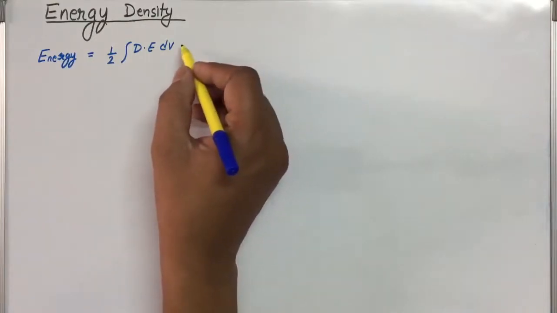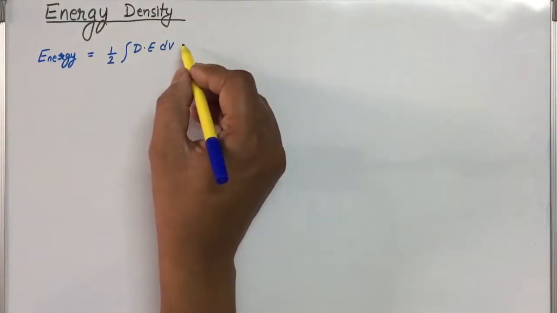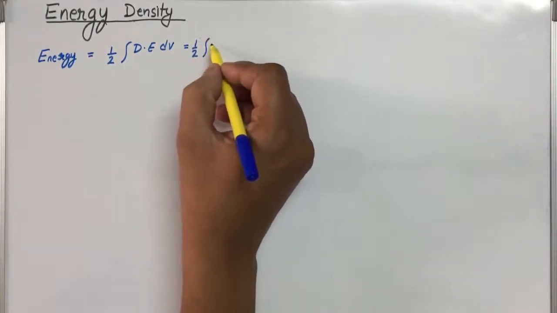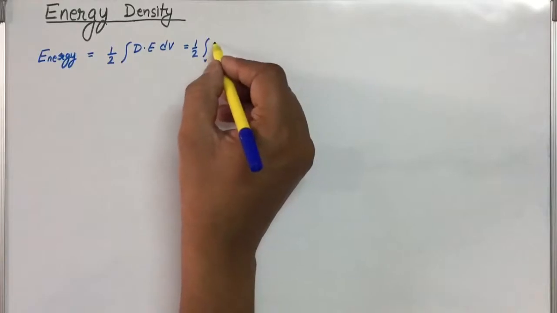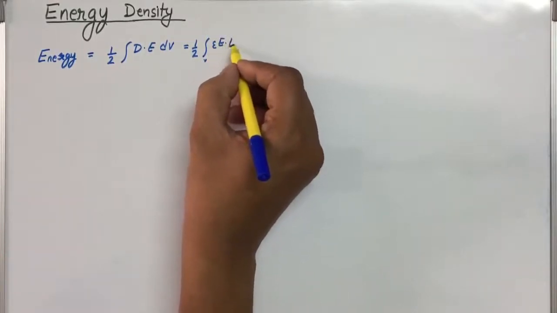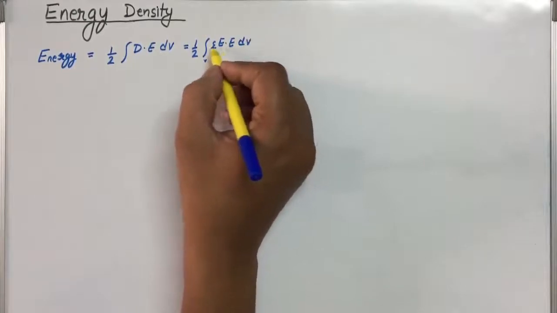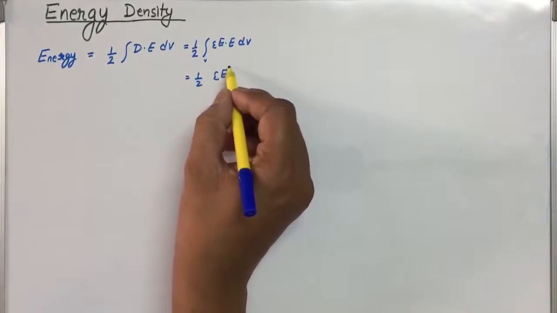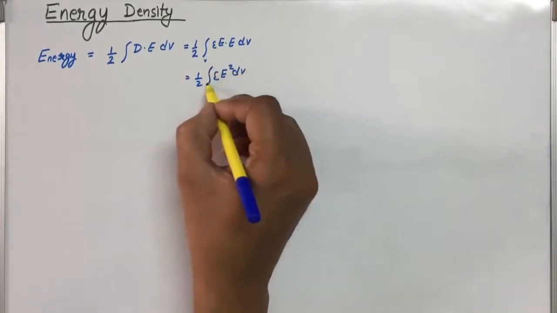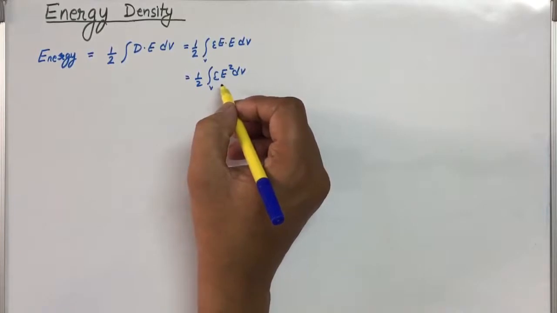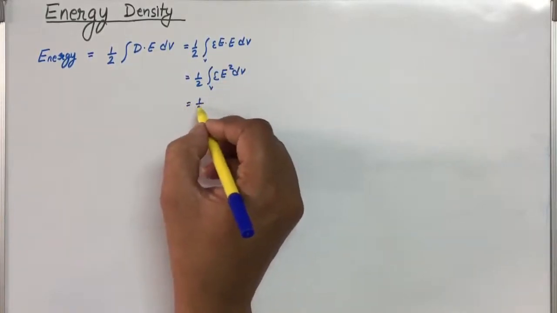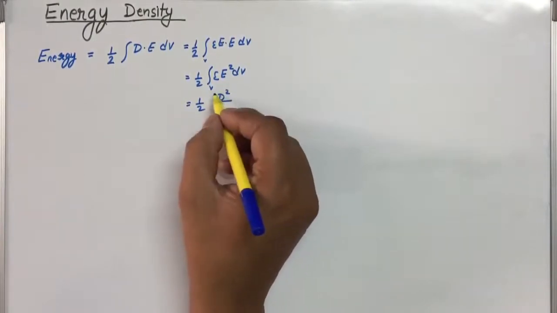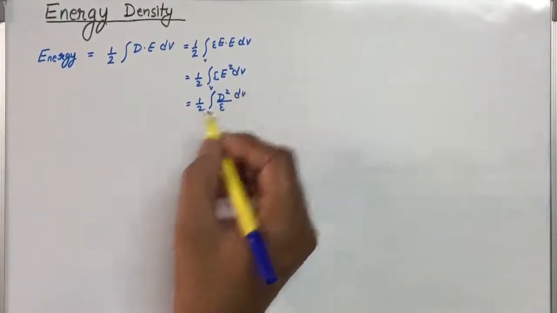If we simplify this, we can say it is half the volume integral of epsilon E dot E dV, and from here we can write half epsilon E square dV volume integral, or we can say half D square by epsilon volume integral dV.